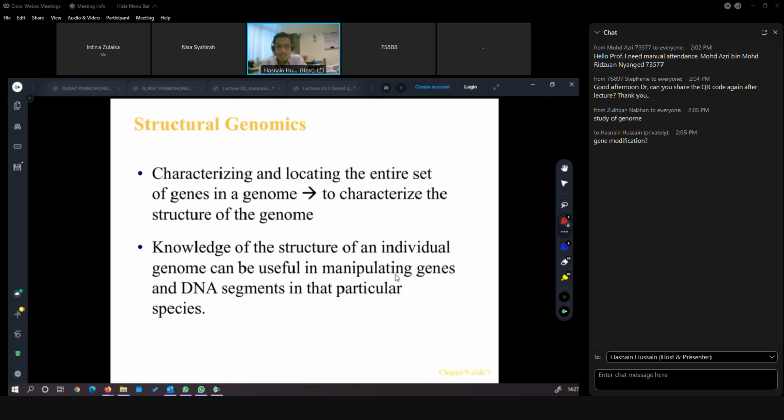Then you want to use a biological method to produce hydrogen, so you manipulate certain genes of the microbe. That is manipulating genes and DNA of a particular species.